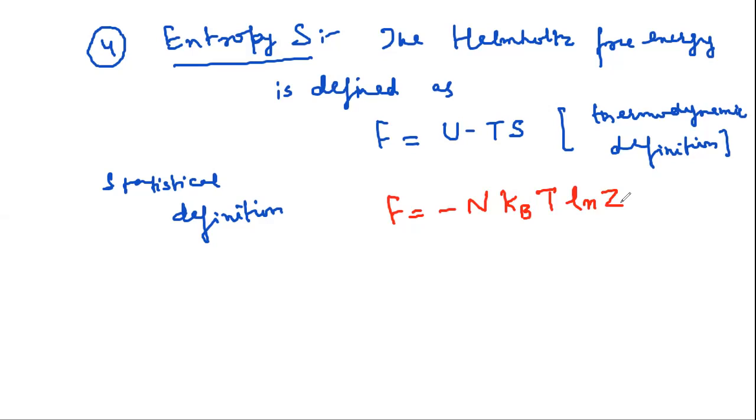F is equal to minus N kb T ln Z. Z is the partition function, T is the absolute temperature, kb is Boltzmann constant, and N is the number of particles in the system.